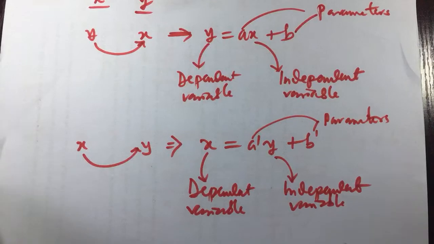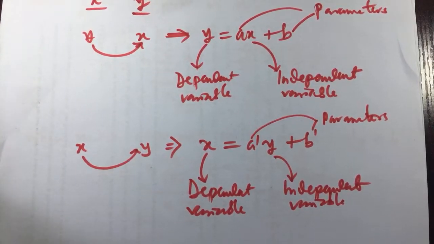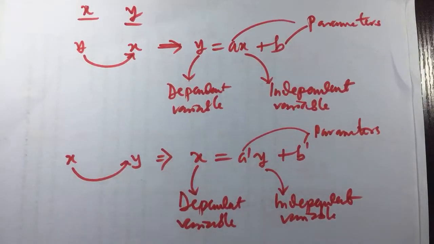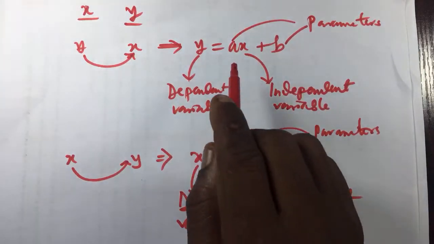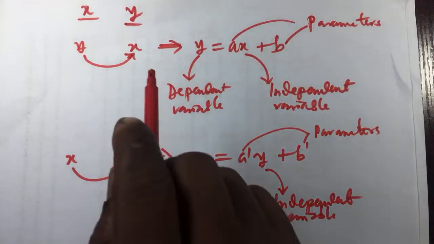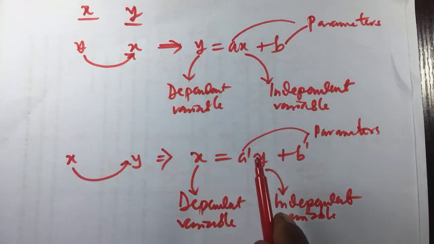This was the focus of the last class on correlation and regression. If you were not in that class, please go and watch that video. It is titled Correlation and Regression Part 1, Episode 4. In that class, I showed you how to obtain a and b, the parameters of the model for y regressed on x, and how to obtain the parameters of the model for x regressed on y.